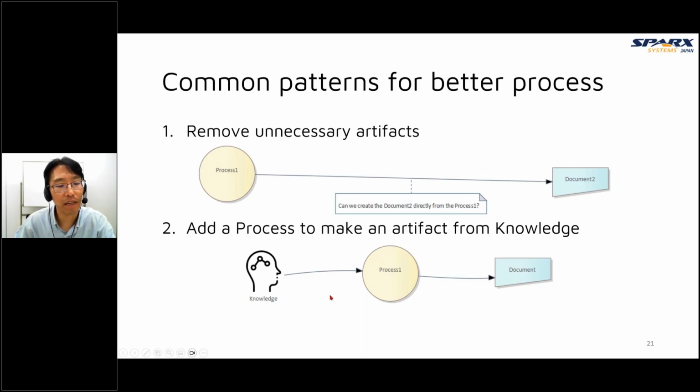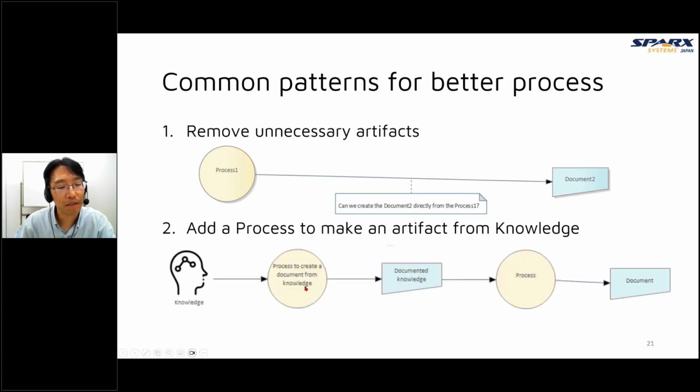So in this case, add a process to create this document from this undocumented information, and then this process is used. This process uses this document to create this document.